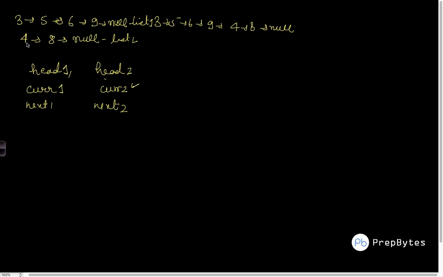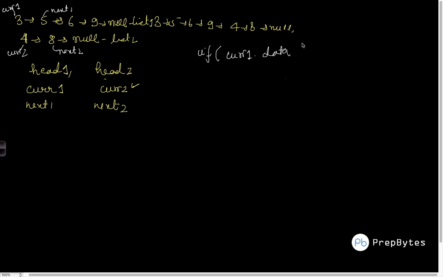So let's say I have to insert 4. So what I'll do is we will check if cur1 dot data. So we are using dot here. Obviously when we write the actual code we will use the operator as per the language, but right now just focus on the pseudo code.